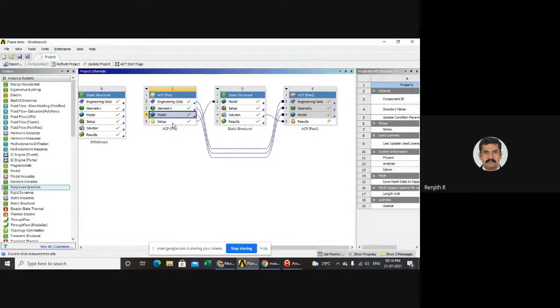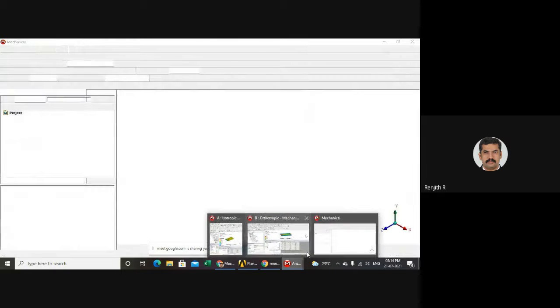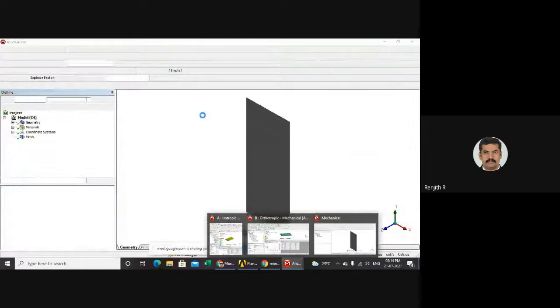But if you open the model, you cannot see the solution or results, because this is the discretized model, or the discretized domain, which is given to the ACP module. So that's the difference.